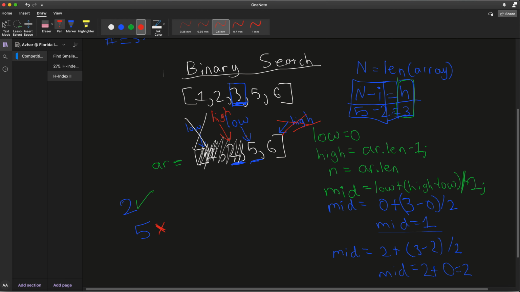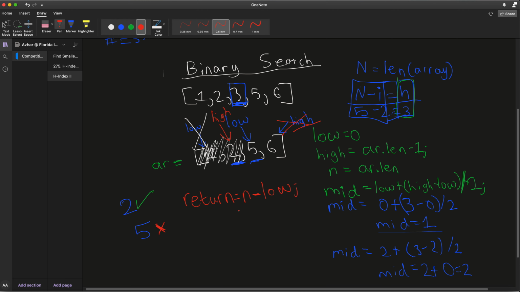But then we have high is less than low, which is not correct, which we don't want. So therefore, we're just going to return whatever n was minus low.